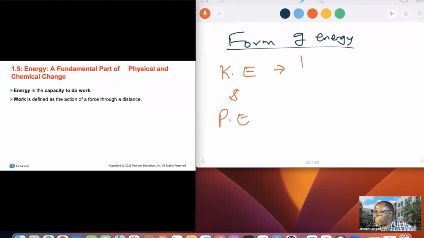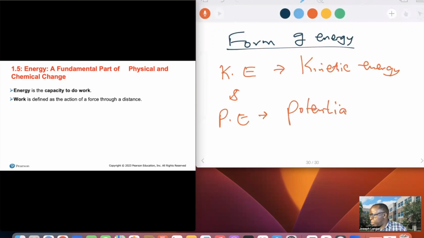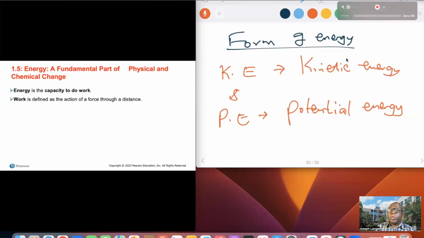This stands for kinetic energy, and this is potential energy. The most important types of energy. You need to know kinetic energy and potential energy.